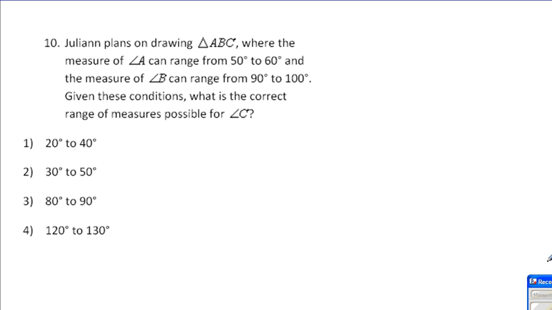Alright, so number 10 here, we have 2 angles. Angle A goes from 50 to 60, angle B goes from 90 to 100. And we want to find out the angle C. Angle C can have both cases, minimum and maximum. So when both of the other 2 angles are minimum, such as 50 and 90, this is angle A and angle B, then we'll end up getting 140.